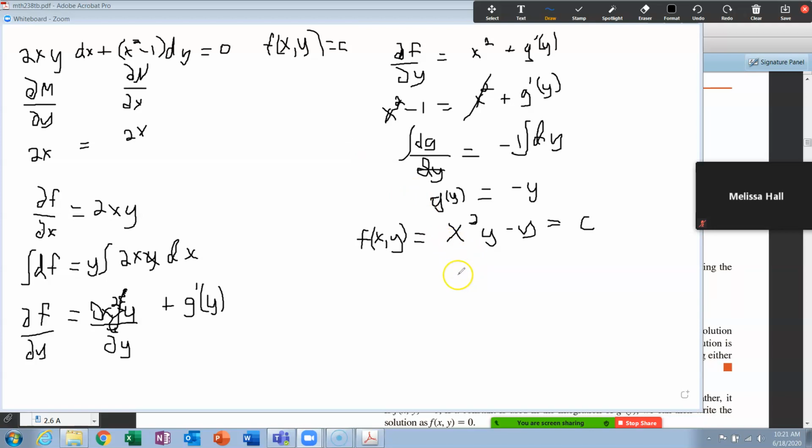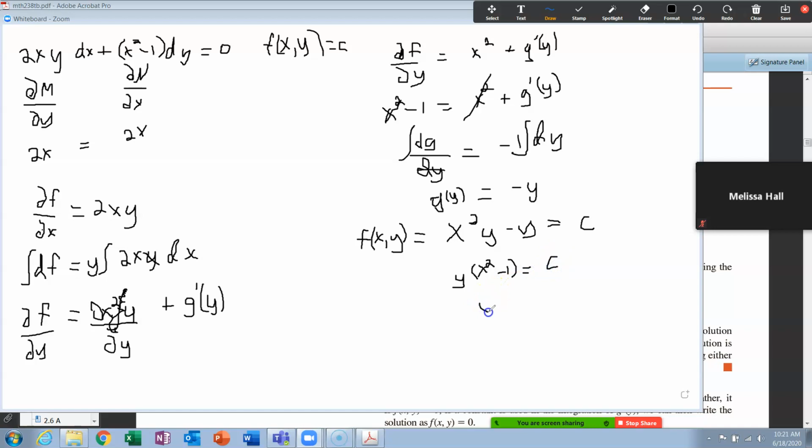Yes, we can. We could factor a y out of both terms, and that gives us y times x squared minus 1 is equal to c.